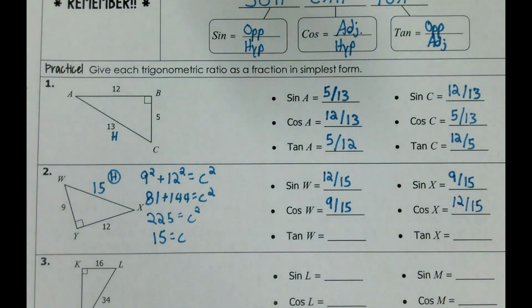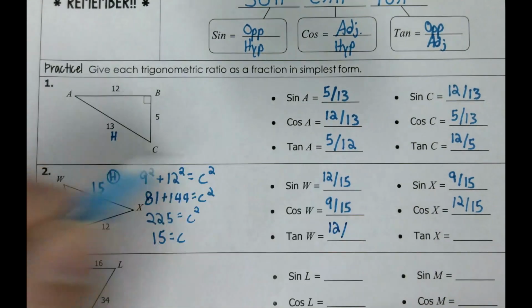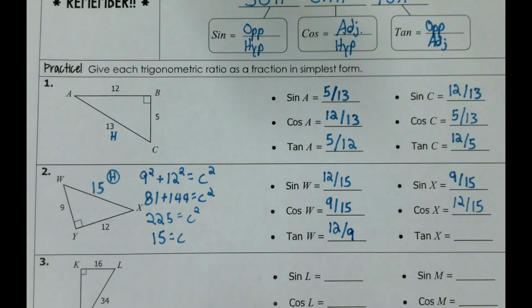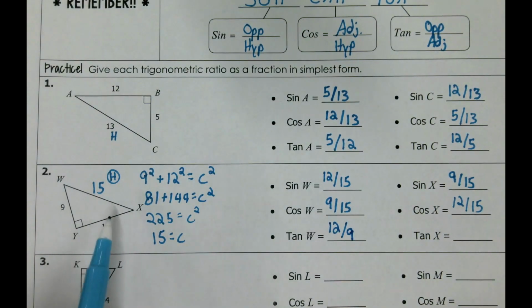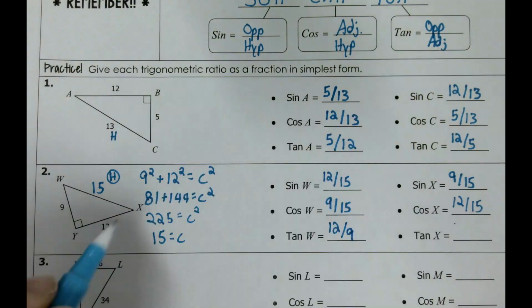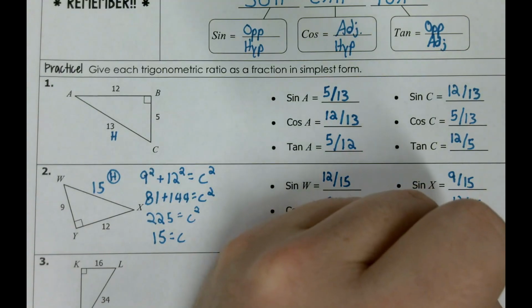12 over 15. And finally, for tangent of W, we're going to have, where's W? Opposite, so 12 over the adjacent 9. And over here for X, we're going to have adjacent 12, opposite is 9 over 12.